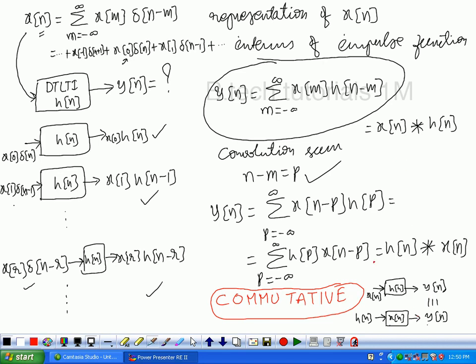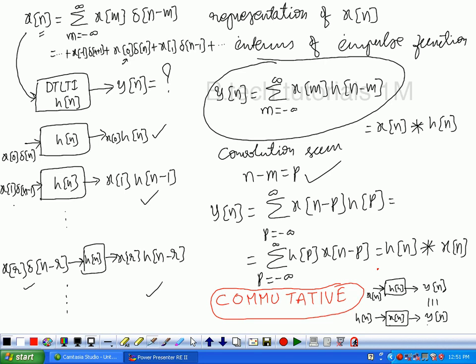What this indicates is, if you change the role of the input and impulse response, there is no change in the system response. The output of the system will not be changed when you interchange the role of the input and impulse response, especially in the mathematical analysis of the systems. This relation is very, very important.